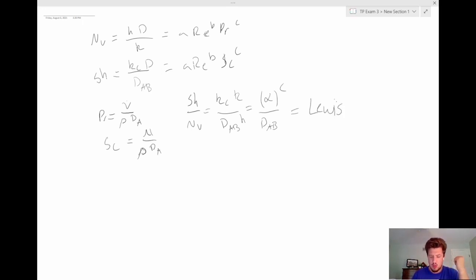And then we could also even write this out as K over rho Cp multiplied by the diffusivity. Now, when we're talking about the Lewis equation, and we think about it with humid air, or moist air, the Lewis number is actually equal to 1.